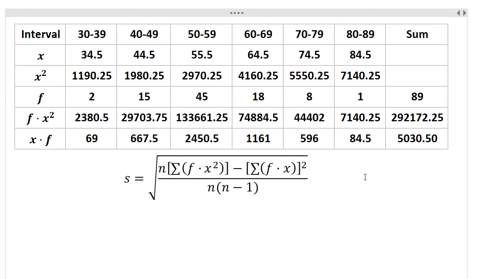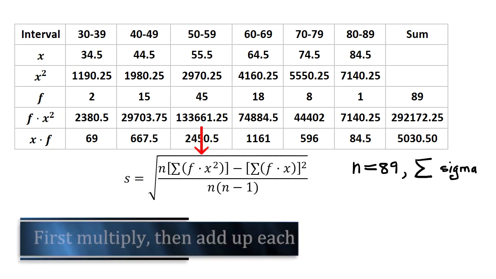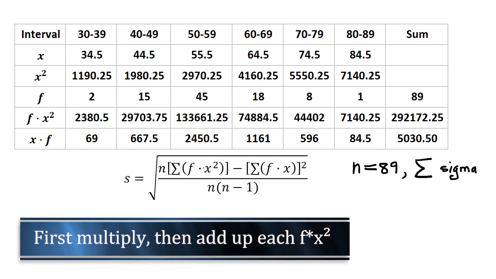And you'll see here I've got the formula written right here, and we see that N is equal to 89. So when I add up all the frequencies, that's 89. And this symbol right here is the Greek capital letter sigma, and it means the sum, as you probably remember. So when I have the square brackets and then F multiplied by X squared, that means I've got to take the sum of F multiplied by X squared.